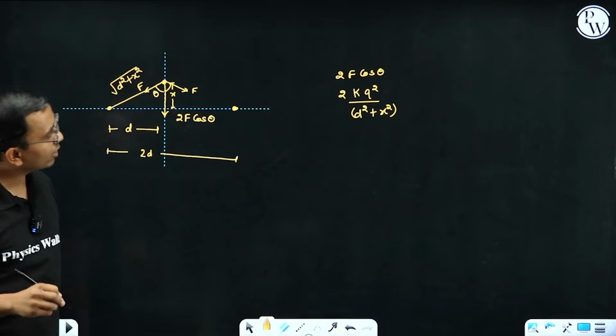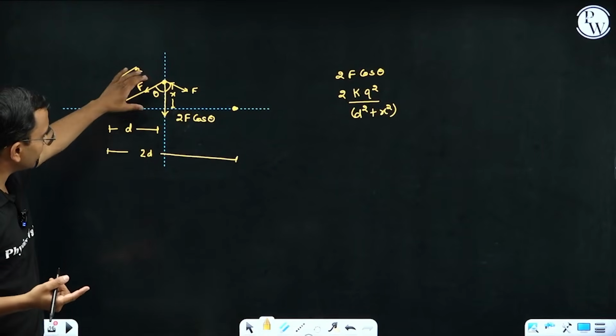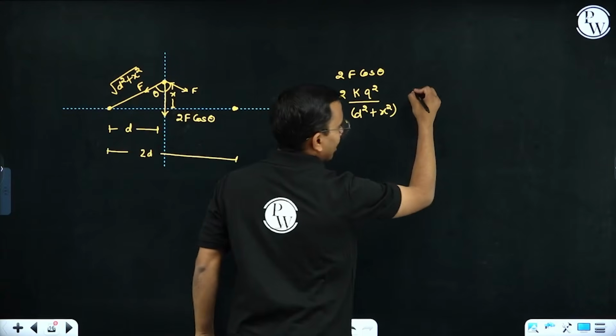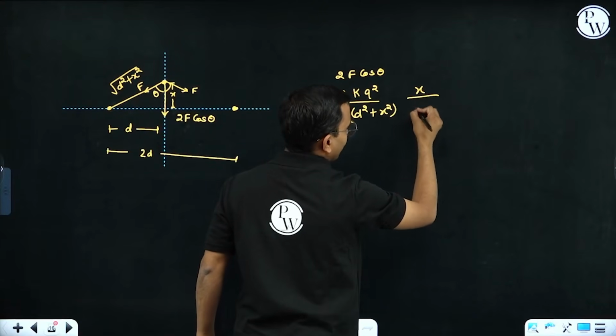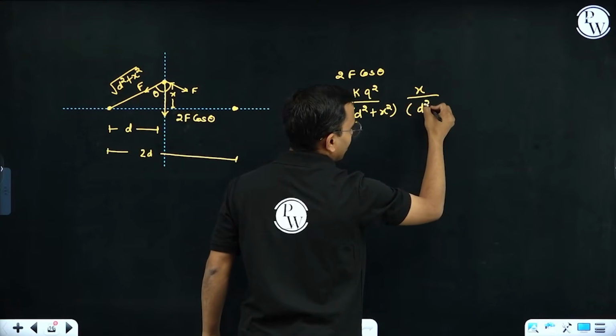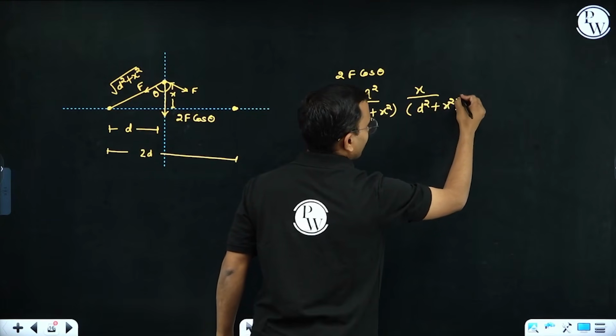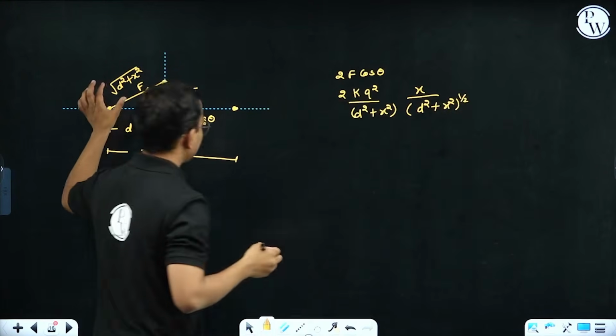That is clear to us. What is cos theta from here? Cos theta is x by hypotenuse, so that is x divided by d square plus x square whole to the power 1 by 2, because the distance is the root of this.